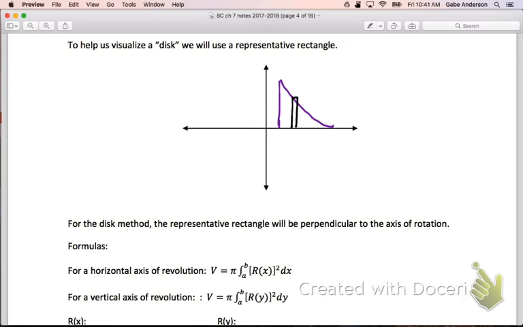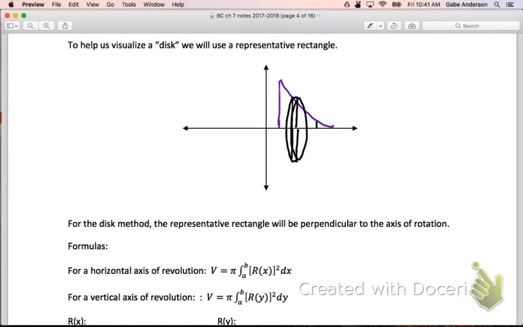We're going to three-dimensionalize this a little bit. And you end up with literally a disc. It looks like a DVD or a Blu-ray or something.